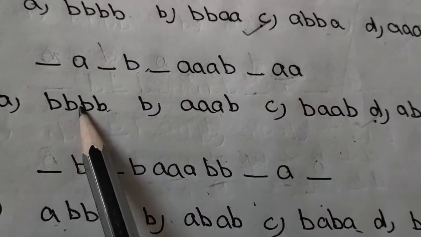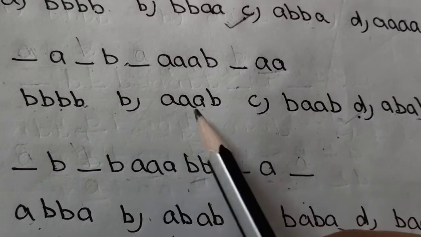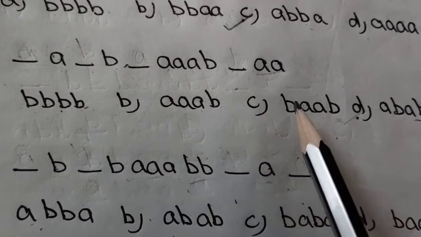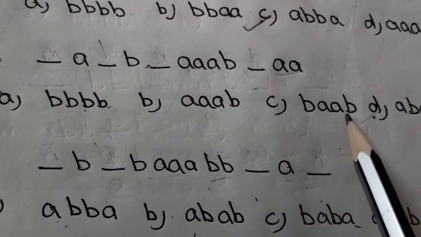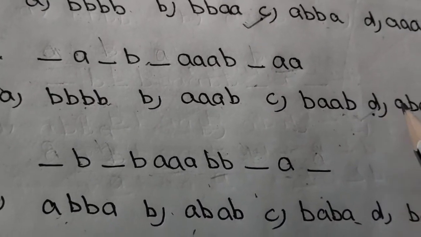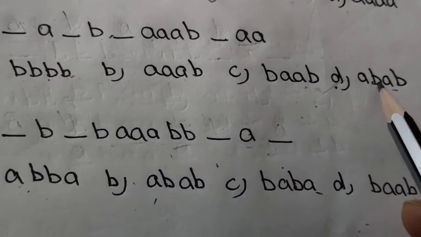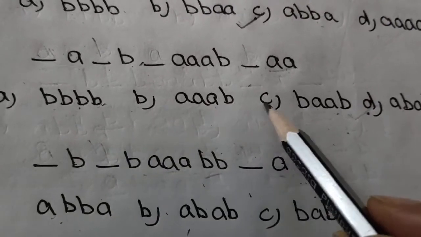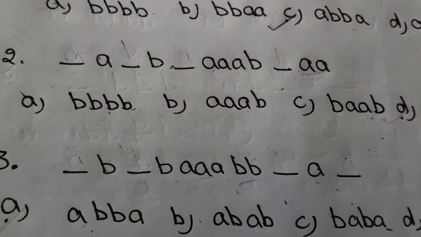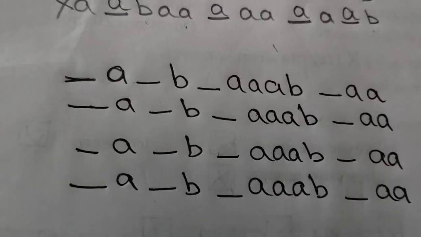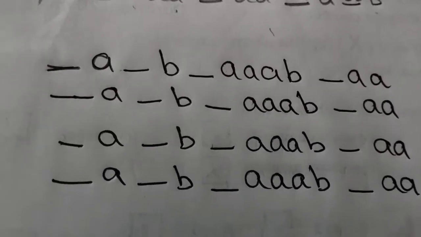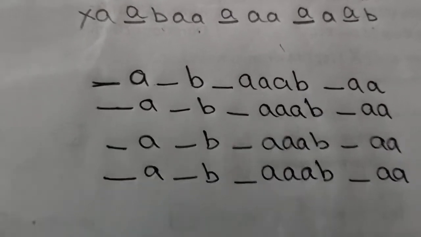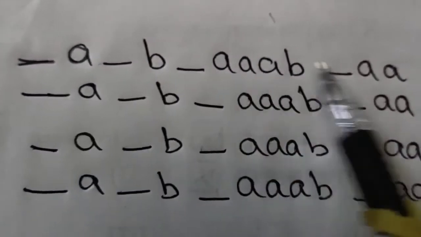First is B. Second is A. Third is B. And the fourth is A. So if we fill one by one all these options in these blanks, we will get, see, first of all I have written this complete question number 2 with blanks 4 times.